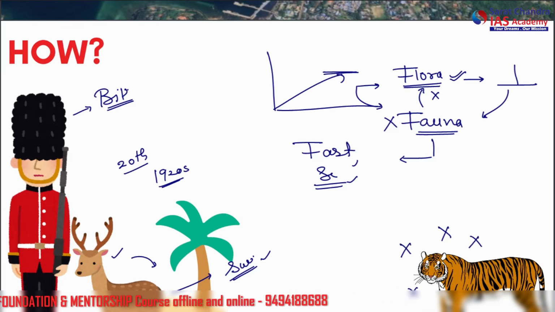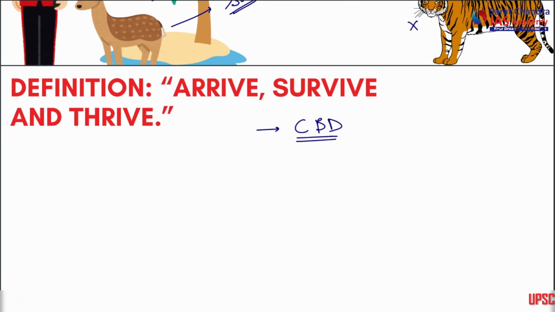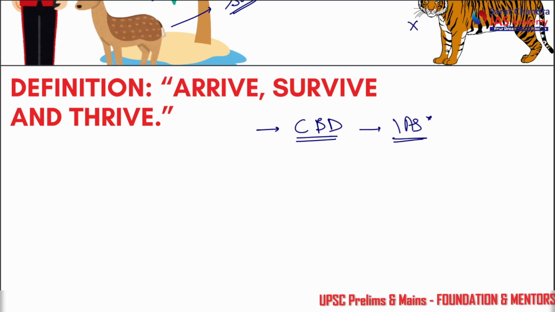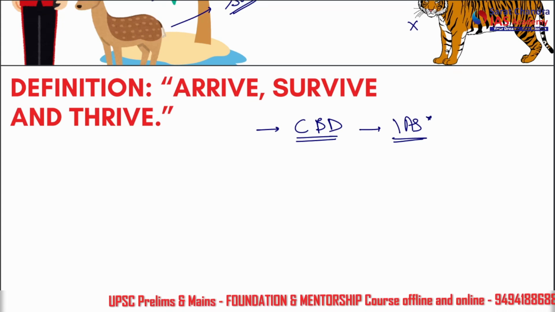All right. Now let's talk about what invasive species are. What is the definition? The Convention on Biological Diversity, that is CBD, says that invasive alien species, that is IAS, not the IAS that we are wanting to become, are species whose introduction or spread outside their natural past or present distribution threatens biological diversity.